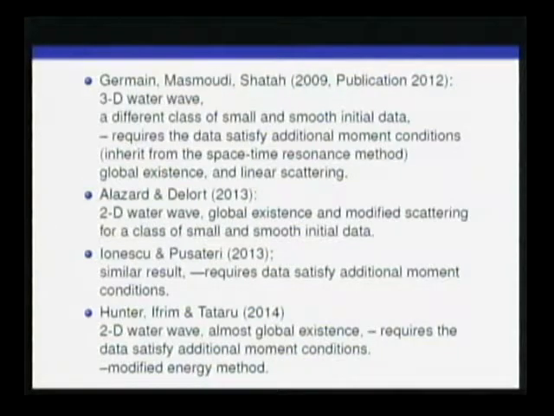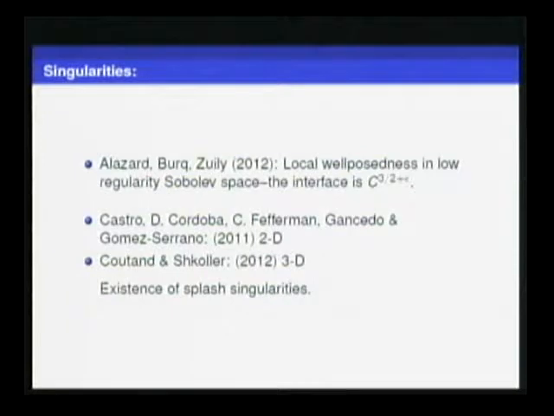Okay. So these are what we know, and for the singularity, let me just mention the work of Ai, Ifrim, and Tataru. The question now is, how do we understand the singularity, right? The previous works basically didn't think too much about bringing the regularity of the surface down.